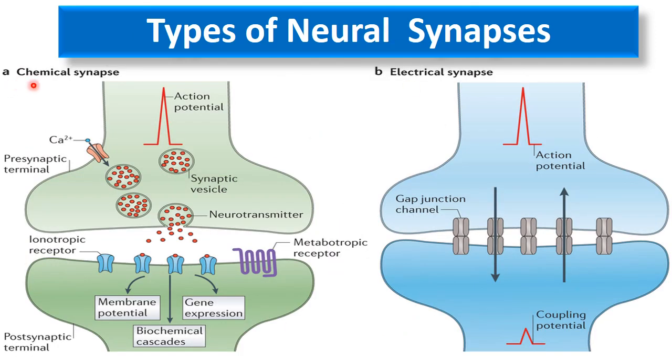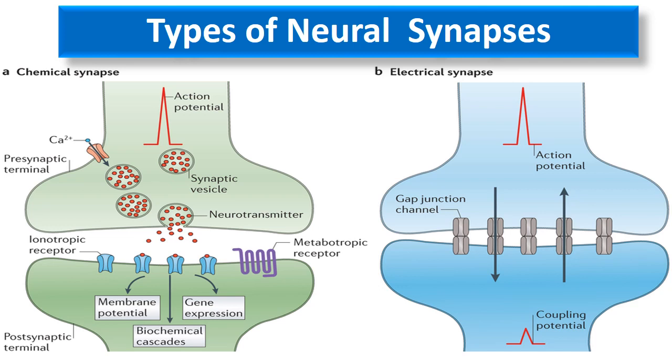Now, neural synapses are of two types. They may be a chemical synapse between the two neurons, or they may be an electrical synapse between the two neurons. The most important is the chemical synapse. Less important in the neural synapses are the electrical synapses.